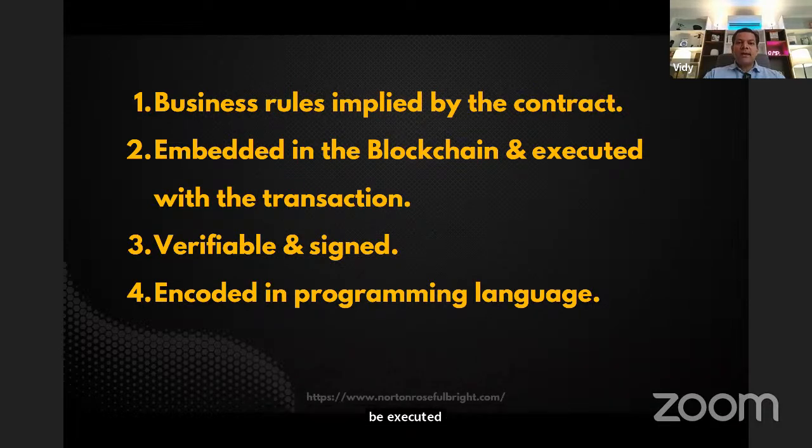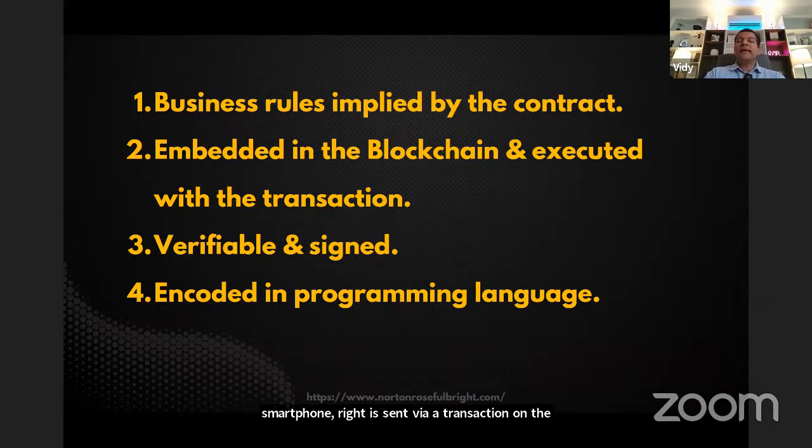A smart contract is embedded in the blockchain and executed with the transaction. When you're executing a smart contract, the request for executing it is sent via a transaction on the respective blockchain.